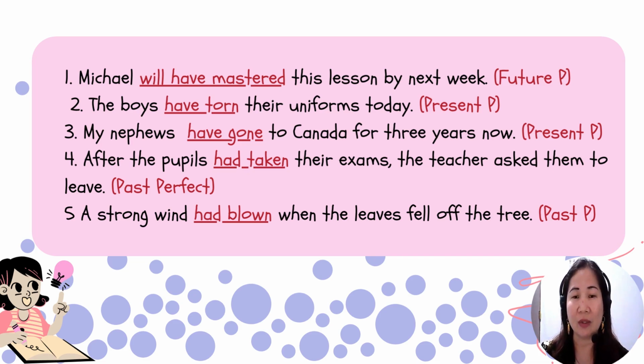That's why it is already in the past. Let's look at our subject, a strong wind. We don't need to look at the subject because we need to use had. So that is had blown. The strong wind had blown when the leaves fell off the tree.